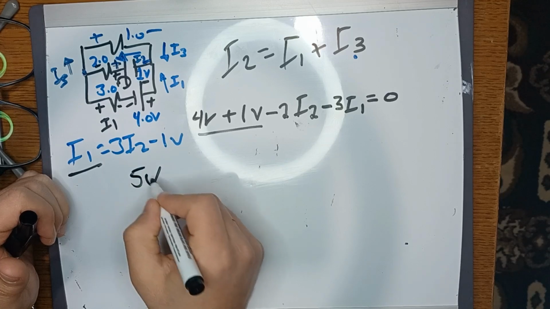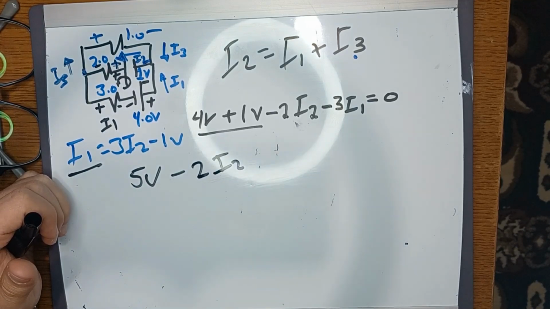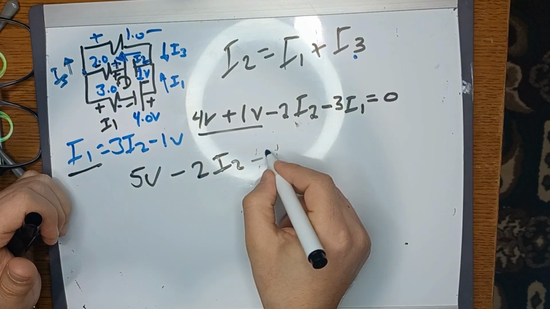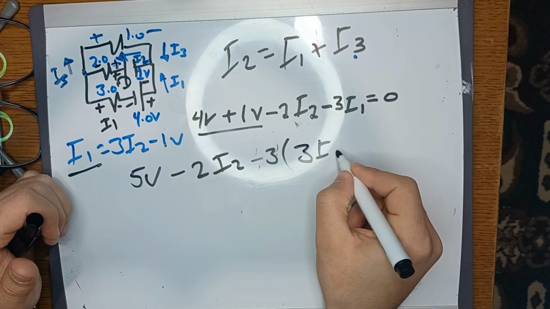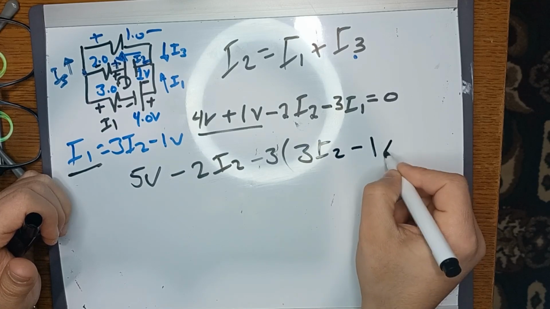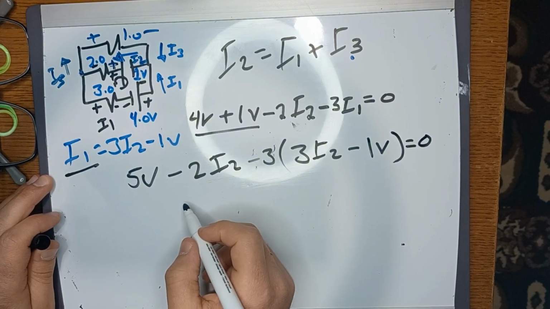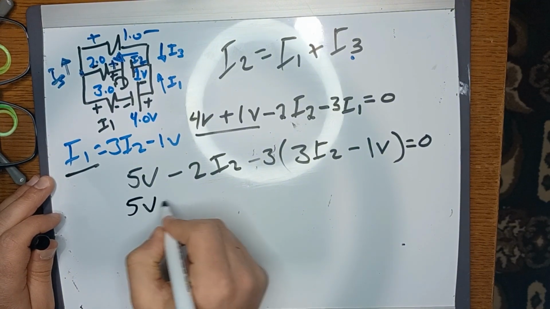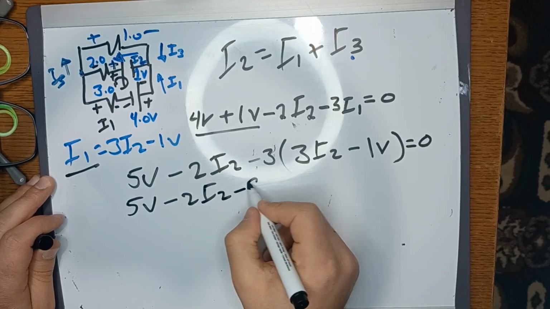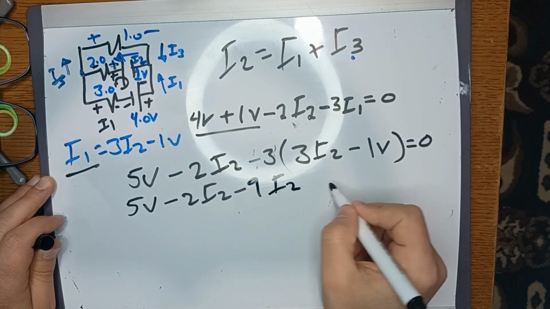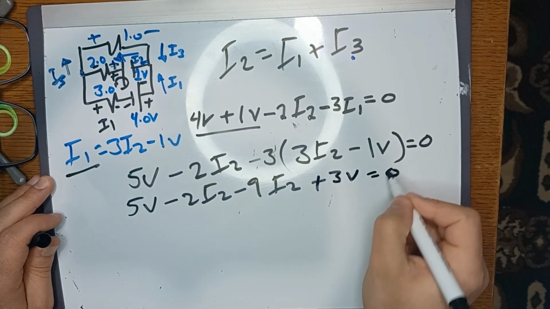So we'll have 5 volts, -2 I2. We would have -3 I2, -1 volt equals to 0. Distribute. We would have 5 volts again, -2 I2. We would have 9 I2, positive 3 volts equals to 0.